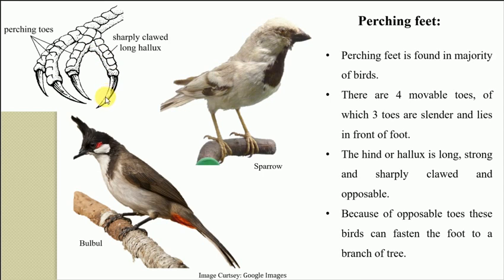This hallux is comparatively longer than the other toes. It is strong and is provided with a sharp claw, and this toe is opposable to the first 3 toes.